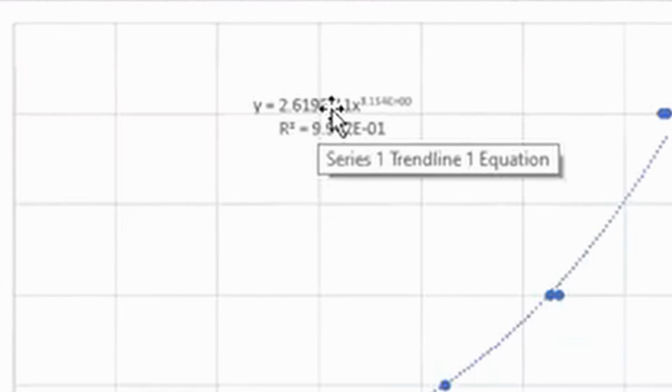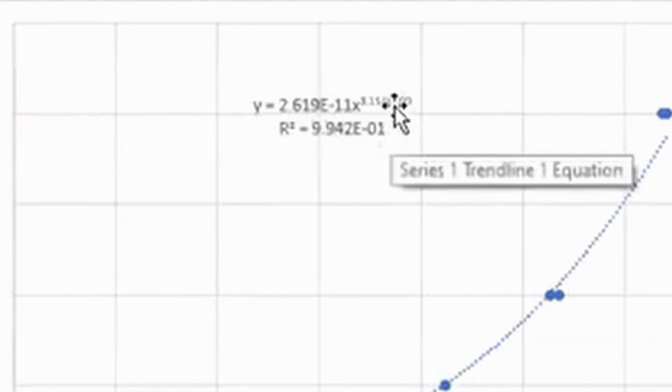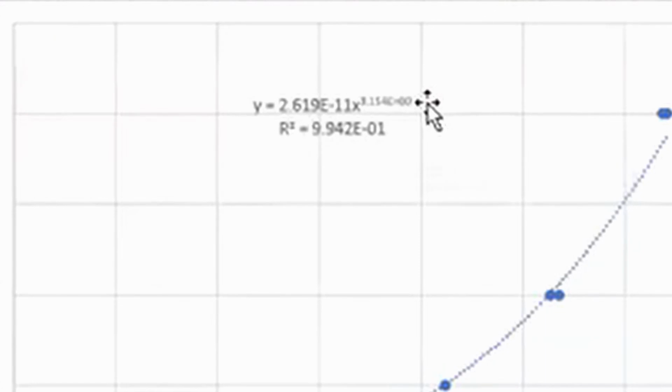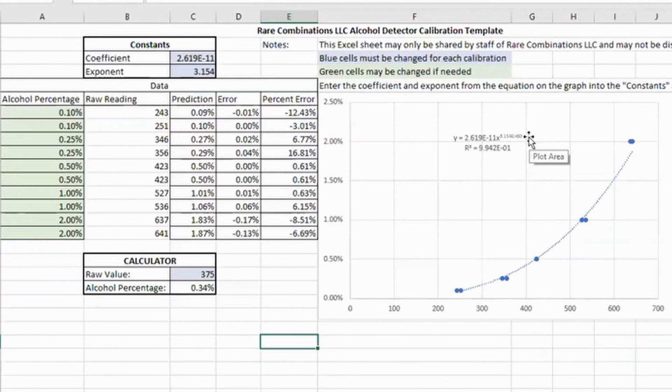If your coefficient is more or less than that, that's fine, as long as your data looks good. And with the exponent, it's usually about 3 point something, sometimes 2 point something. But again, if you have an exponent that's a little bit larger or smaller and your data still fits, then that's fine.